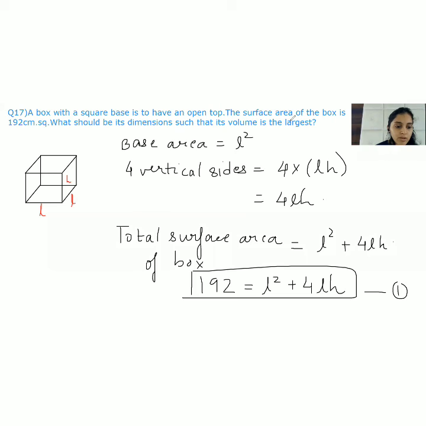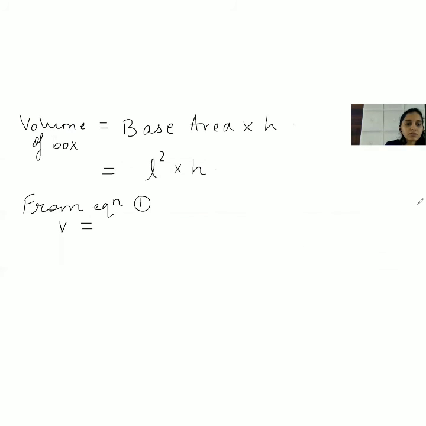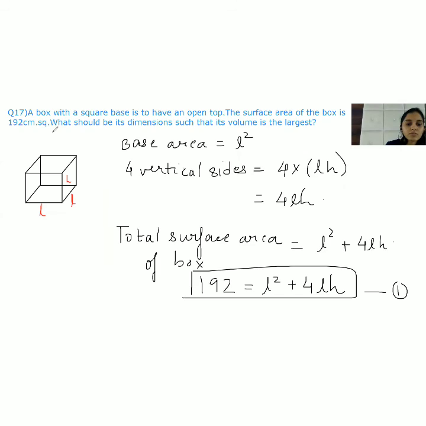Now from equation 1, we'll find out an equation for H. So we'll just copy that equation here first. 192 is equal to L square plus 4LH, right?